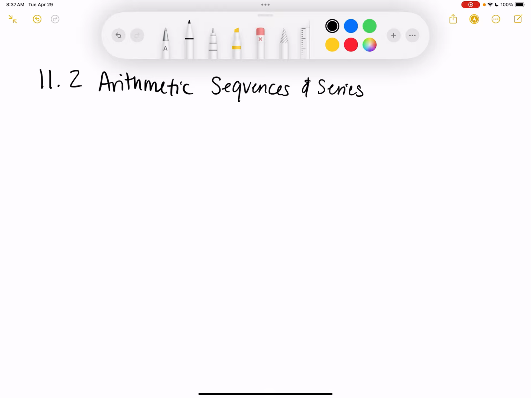So if you've ever been given a list of numbers before, like say 3, 5, 7, 9, we know those are odd numbers. But how do we get from 3 to 5, 5 to 7, 7 to 9? Well, we're adding 2. And so that pattern is an arithmetic sequence.